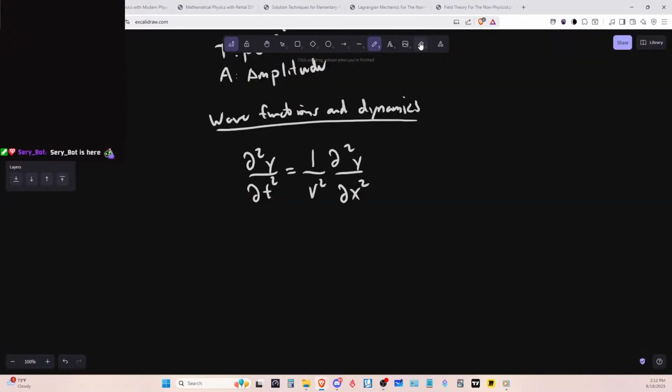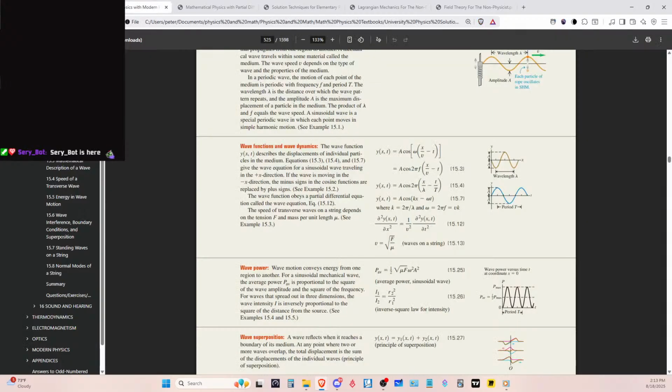Okay, oopsie. So the x belongs here and the t belongs here. The speed of the transverse waves on a string depends on the tension F and the mass per unit length mu.